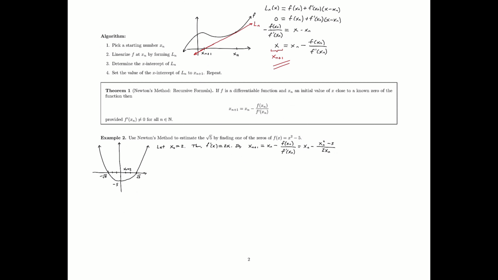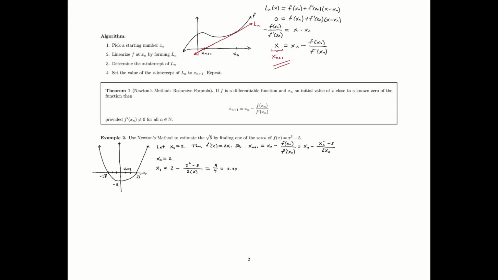So we're going to go ahead and find x sub 1. We're starting with x0 equals 2, and then x1 is going to be 2 minus 2 squared minus 5 all over 2 times 2. And it just so happens that this is equal to 9/4, which as a decimal is 2.25.